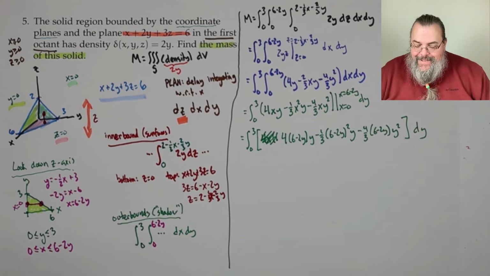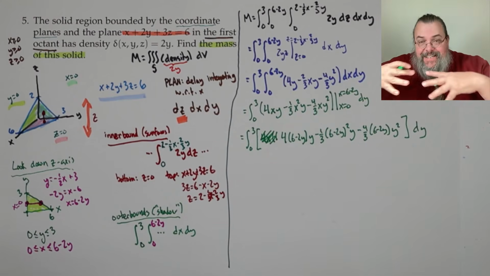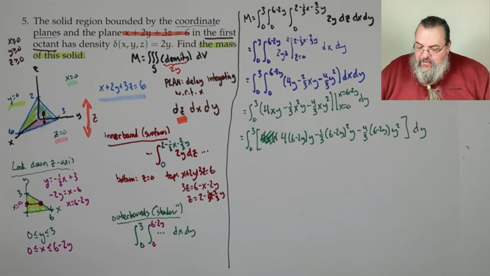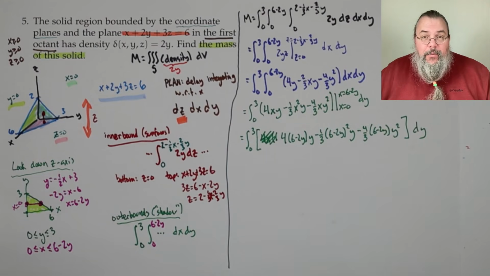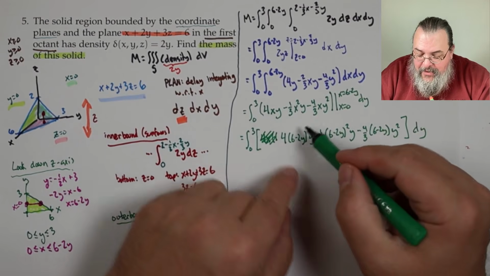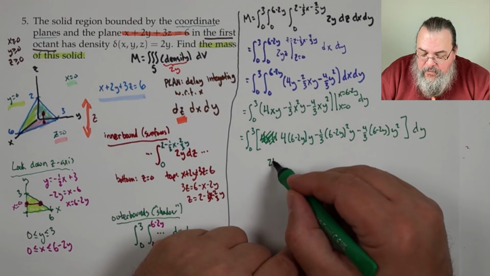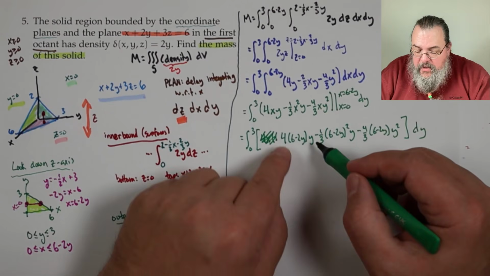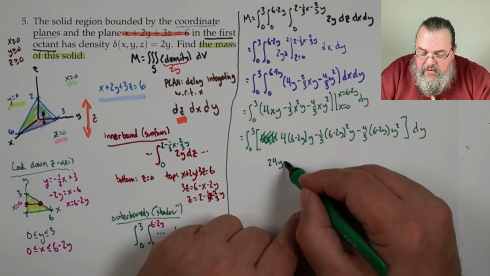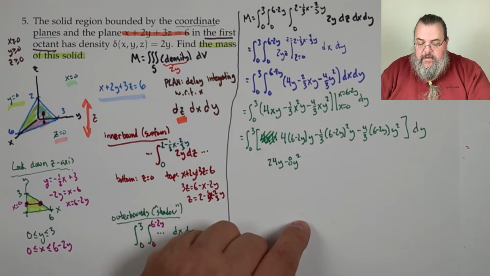So now let's be patient and expand. I don't see any shortcut other than expanding it out. So, 4 times 6 times y is 24y. 4 times minus 2y times y is minus 8y squared. Okay, that's the first term.